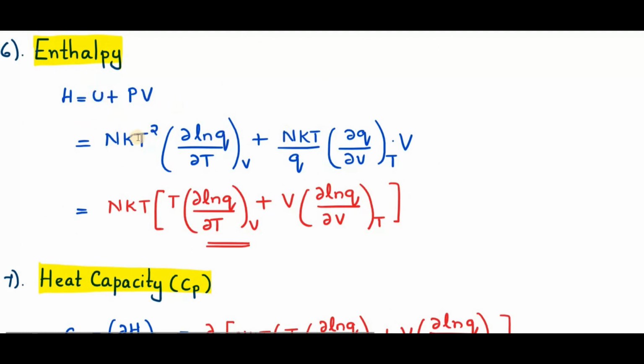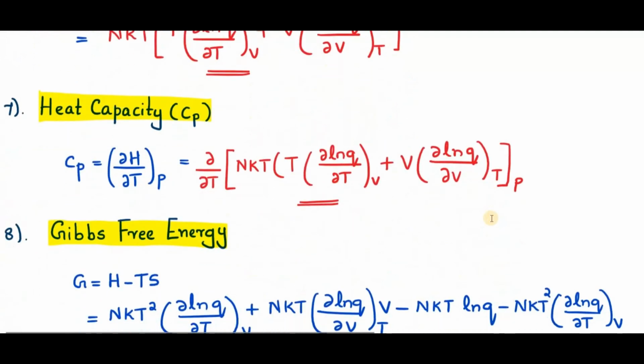Substitute the values for internal energy and pressure, and we get H equals NkT into T dou log q by dou T at constant V plus V into dou log q by dou V at constant T. If enthalpy is known, we can also find out the expression for heat capacity Cp, which is defined as dou H by dou T at constant P. So substitute the value for H, that is dou by dou T of NkT into T dou log q by dou T at constant V plus V into dou log q by dou V at constant T, at constant P.